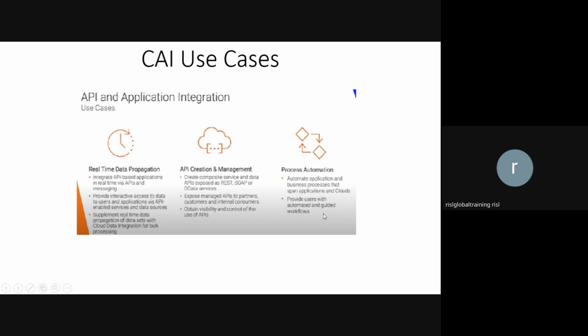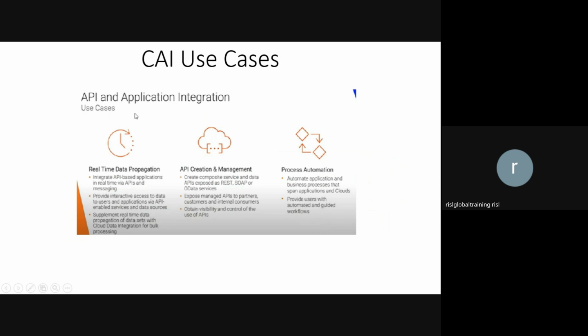Guided workflows means interactive mode. We build a workflow so that people can make use of it in an interactive mode. That's where guided workflows would come in. Clear? So that's about the use cases.